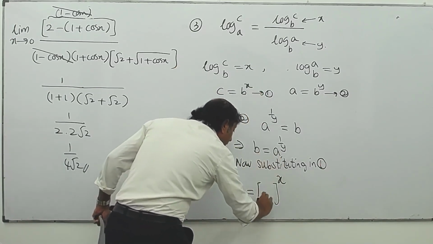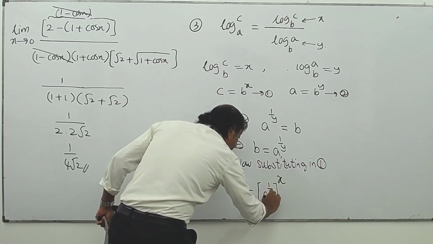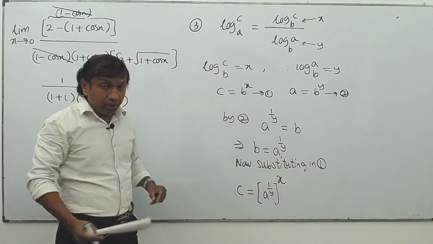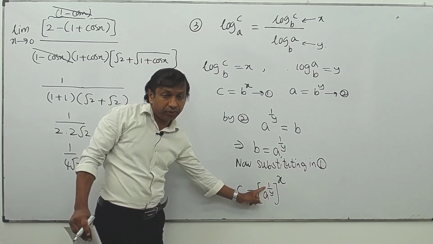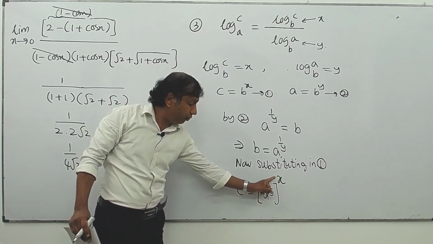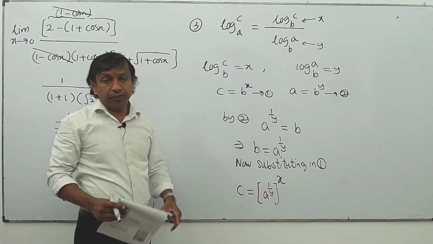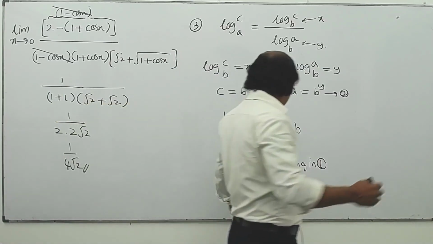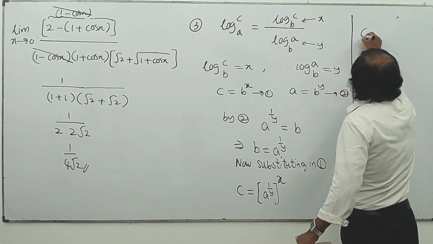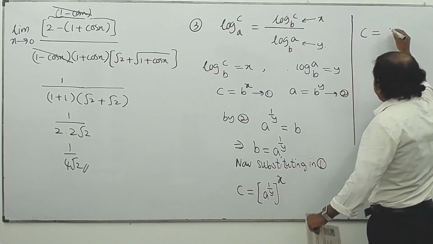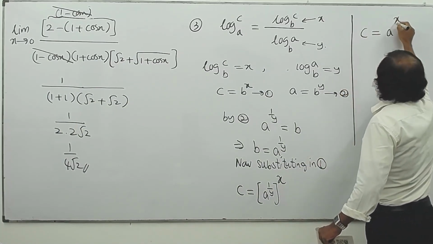B means a to the power 1 upon y. Right, now you can simplify this how? The inner power and the outside power x you have to multiply, no? Right. There we get c equals a to the power x upon y.